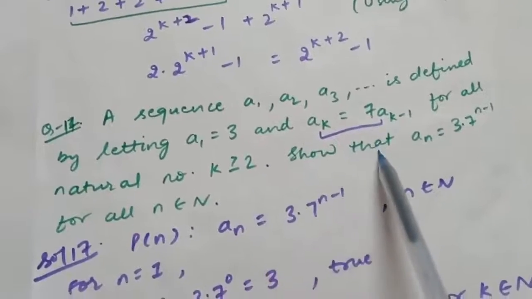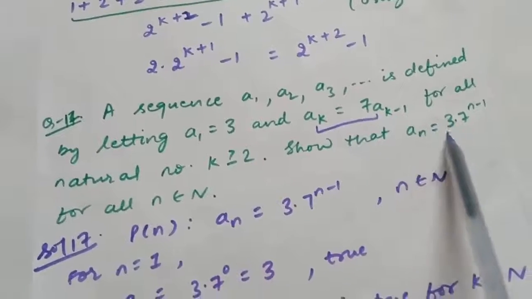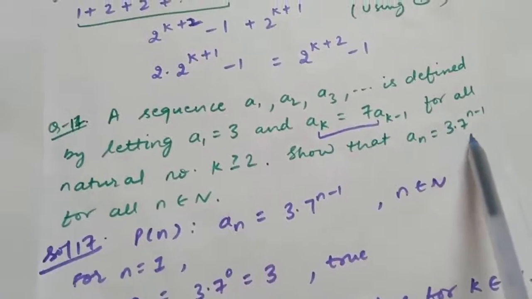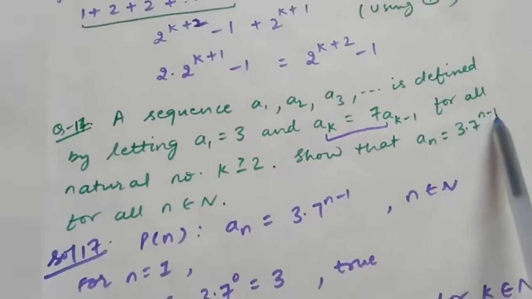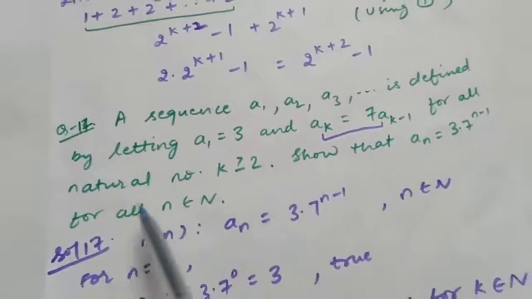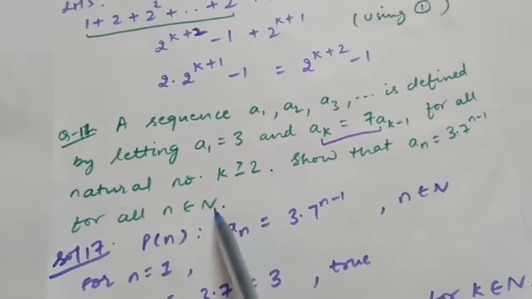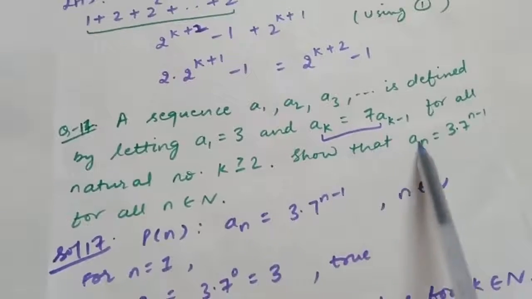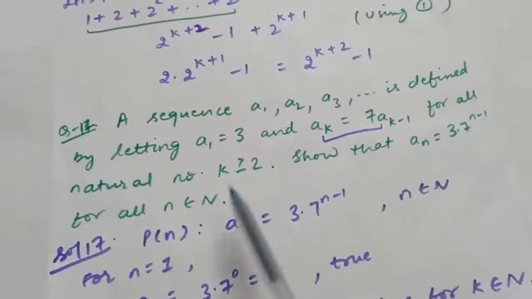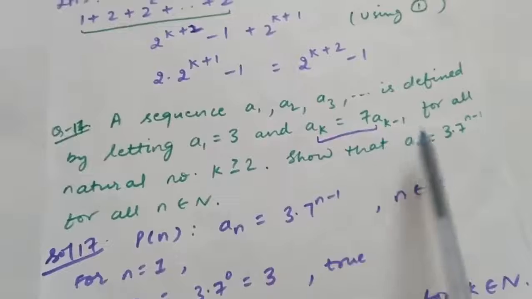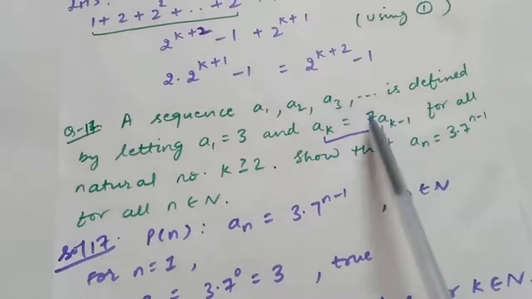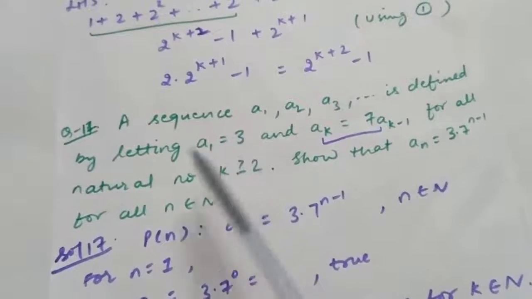Now what we have to show is that an is equal to 3 into 7 raised to the power n minus 1 for all n belongs to the natural numbers. We want to show that this is true for all n belongs to natural numbers, and we will show this using this given sequence and also this value.